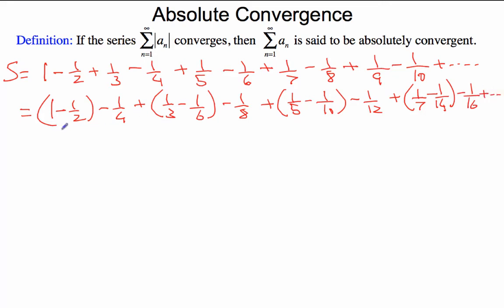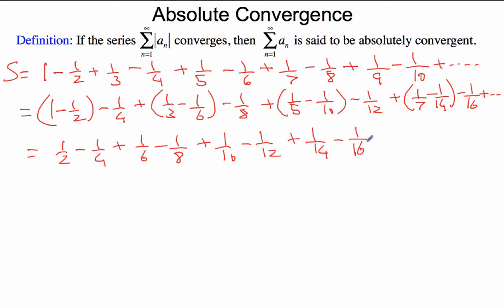Now here the pattern is 1 positive term and 2 minus ones. So 1 positive, 2 minus ones, and so forth. We now write this as half minus a fourth plus a sixth minus an eighth plus 1/10 minus 1/12 plus 1/14 minus 1/16, and this keeps going.